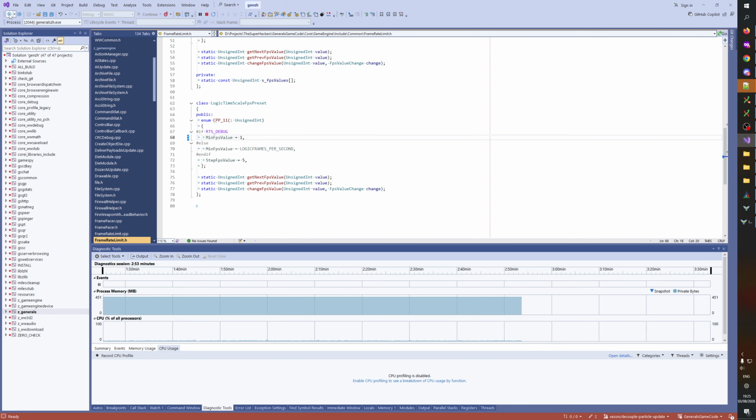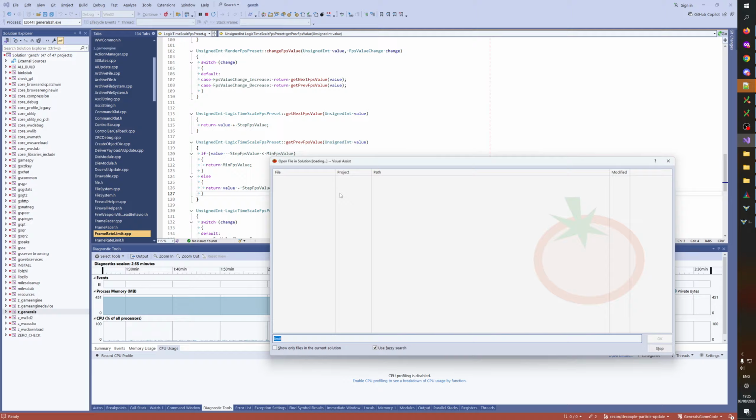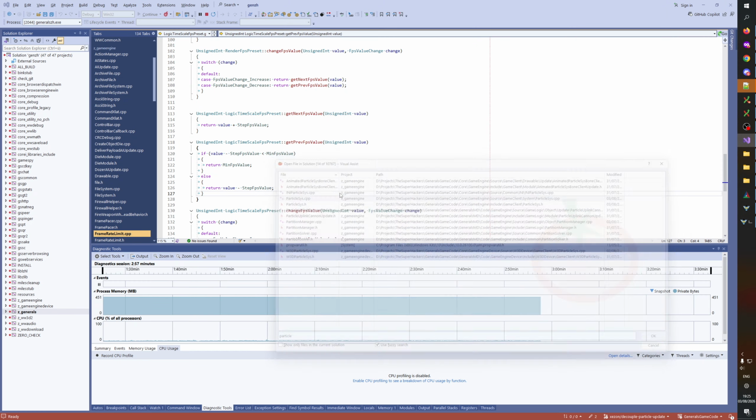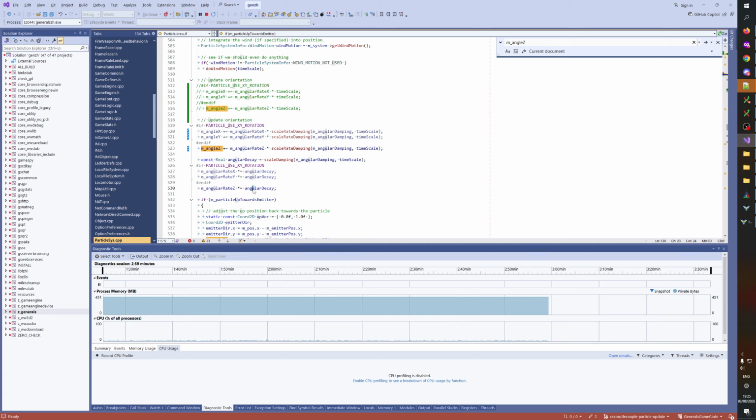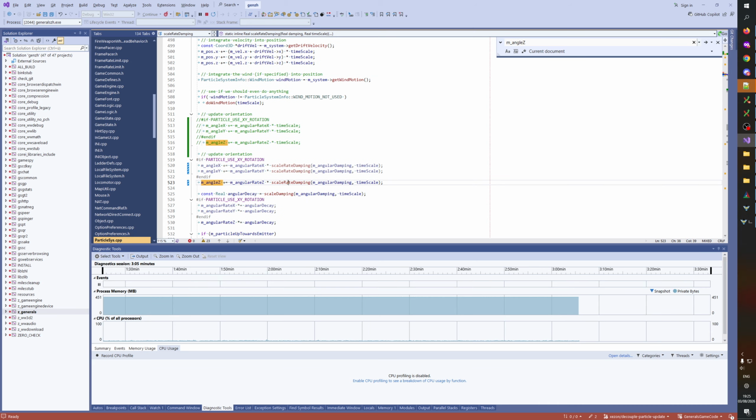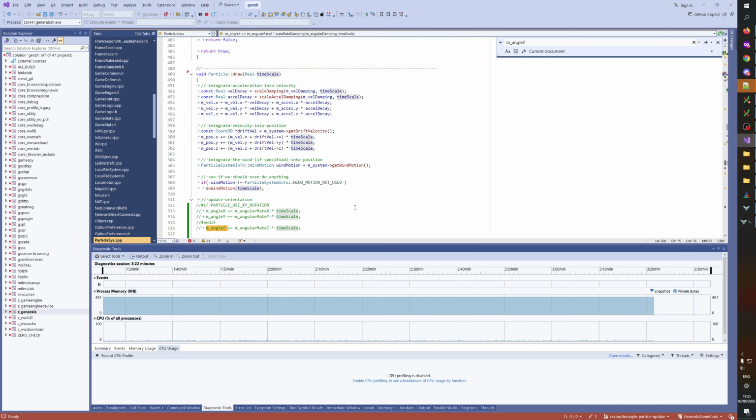Let me see. Let's go back to particle sys. So we added this one here, angular rate z times scale rate damping. But why? Why do we need damping? This one is not damping. This one is just time scaling.